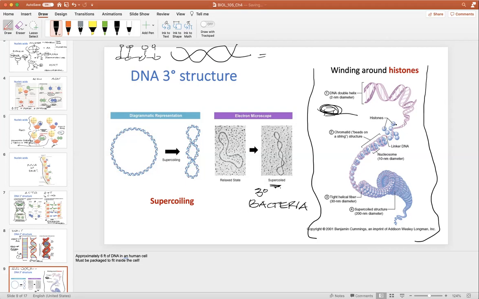So the DNA is wound around histones so that it can be condensed and fit inside of your nucleus. So that's the tertiary structure in eukaryotes. Okay, it's wound around histones.